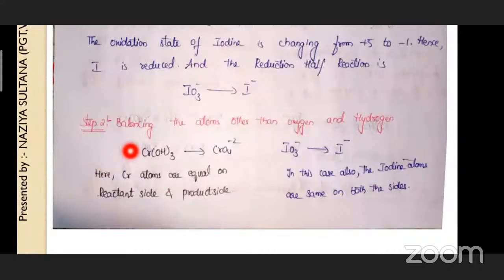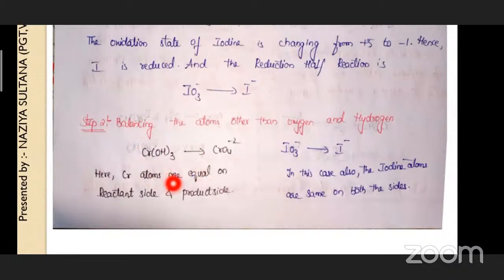Then step 2 involves balancing the atoms other than oxygen and hydrogen. So other than oxygen and hydrogen, what are the atoms? In this case, it is chromium, and in the reduction half reaction, it is iodine. You see here, chromium is 1 on the left hand side, the reactant side, and over the product side also we have only 1 chromium. So no need to balance the chromium.